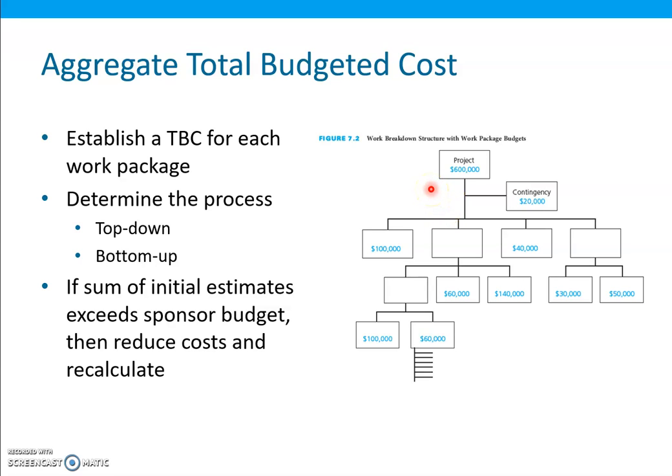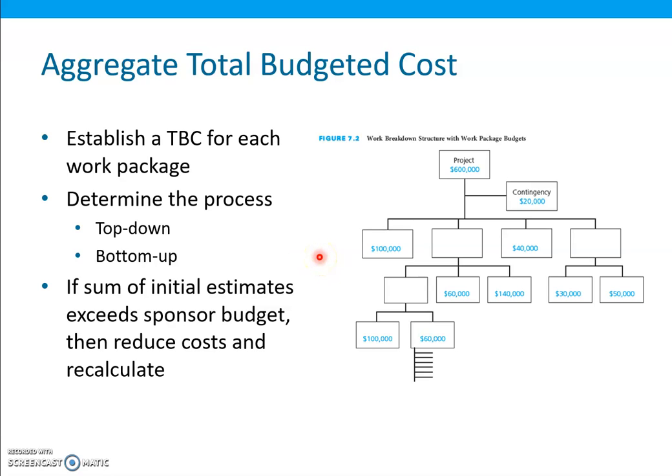The costs are assigned to each work package. So for example, out of say $600,000, $100,000, $40,000, and then similarly, and then for the contingency, the costs are allocated. So this is the top-down approach. Okay. So when the budget for all the work packages are summed, they cannot exceed the total project budgeted cost.